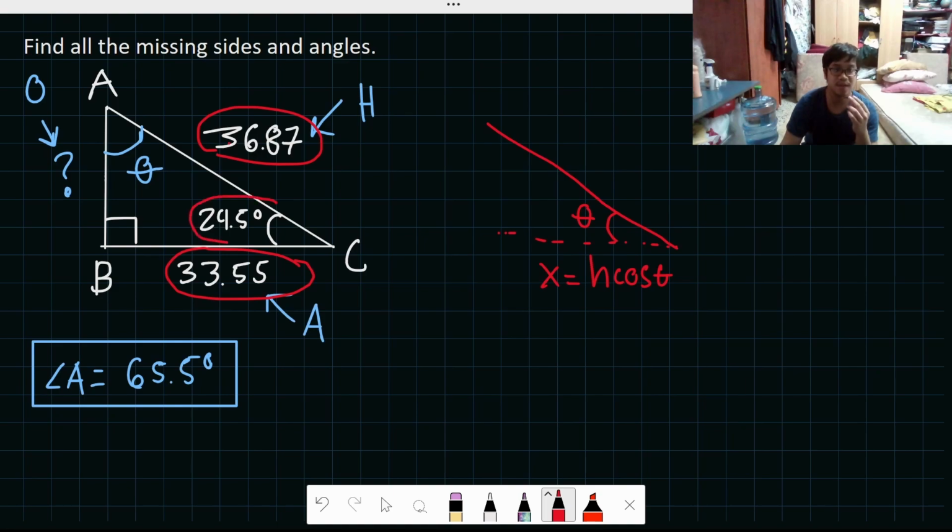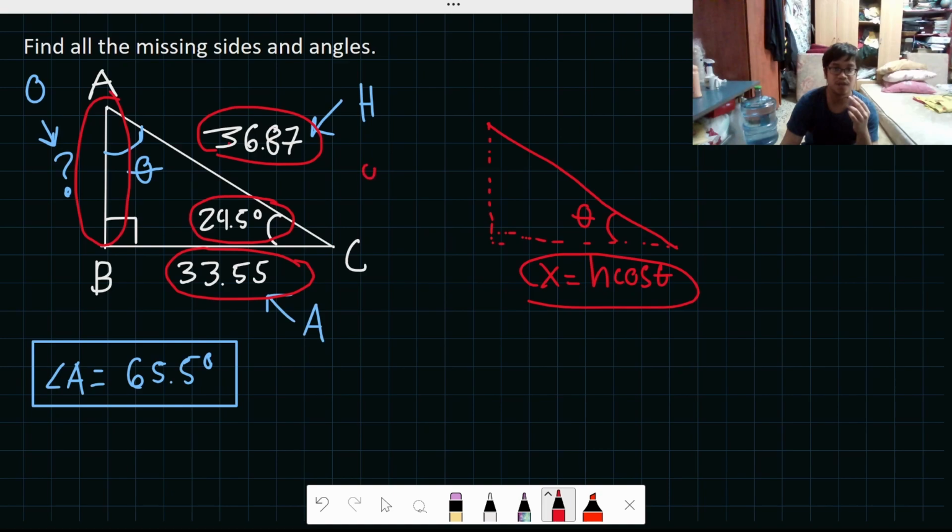So if we have one given acute angle of 24.5 degrees, and you have a hypotenuse here, you can get 33.55 units by using this formula. All right. Now, the thing is, we're not focusing on the horizontal side, but we're going to focus on the vertical side. So this is what we are focusing on.